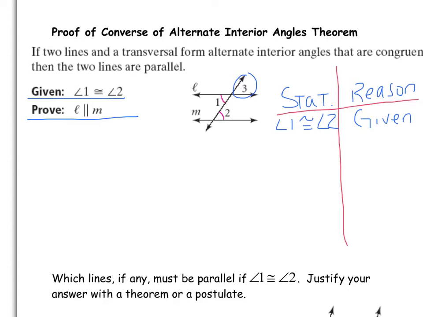Because 3 and 2 are in corresponding positions, and I just showed that they are in fact congruent, I can use the converse of corresponding angles. That's my plan of action that I'm going to write down. You should always have a plan. So angles 1 and 3 are congruent because they are vertical, the kissy fish angles.